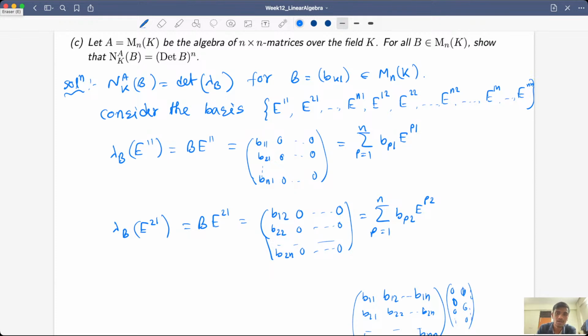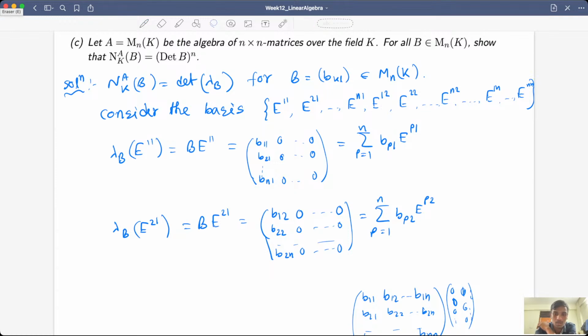And for the second row, E21, E22, up to E2n, I always get the second column.